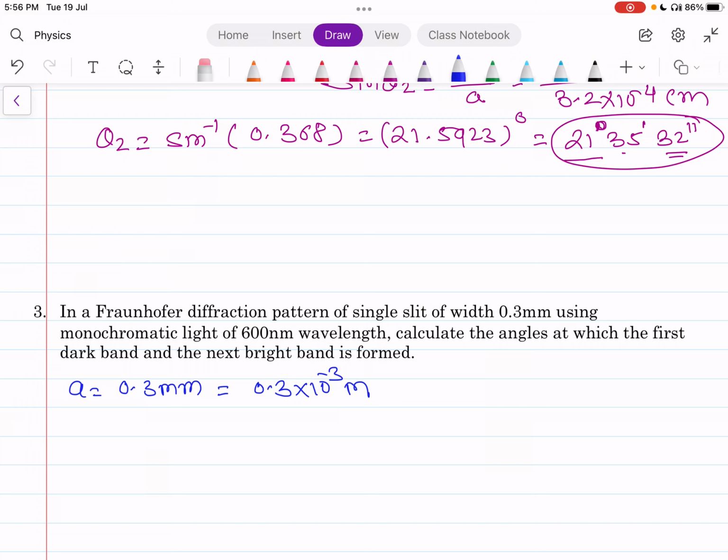Using monochromatic light of 600 nanometer, so lambda is also given. Lambda is equal to 600 nanometer, which is equal to 600 into 10 raised to minus 9 meter.